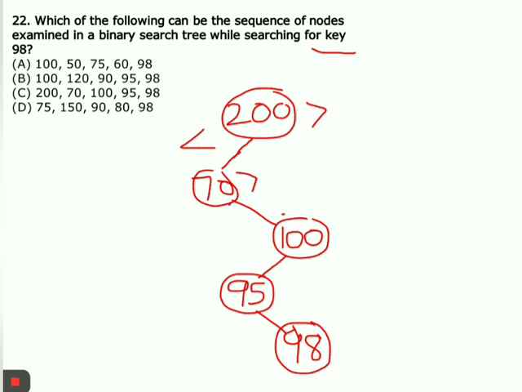And here 100 is there. 98 is less than 100, so we will move to the left-hand side, that is 95. And 98 is greater than 95. So here 98 is available. The sequence of nodes which correctly shows 98 is option C. Based on the binary search tree properties, this tree is satisfying the BST properties.